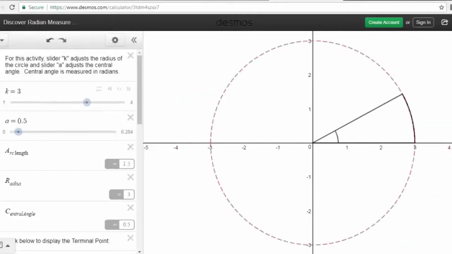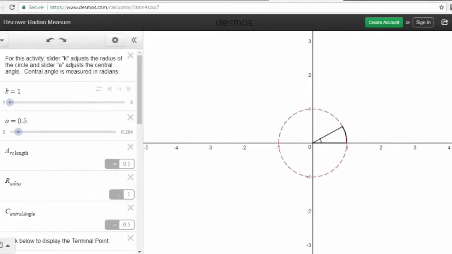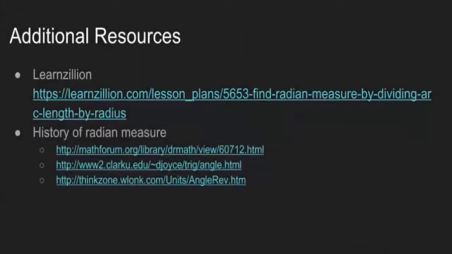Students can manipulate the radius of the circle as well as the central angle of the circle. Additional resources along with lesson plans can be found at the LearnZillion link featured on this slide. Students might also be interested in the history of the radian measure. Resources to address the history of the radian measure are also featured on this slide.